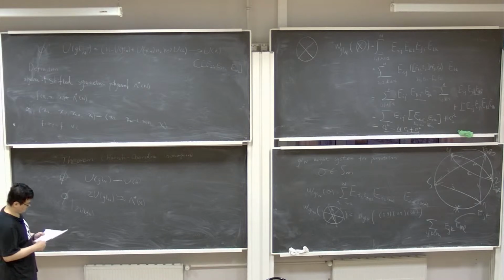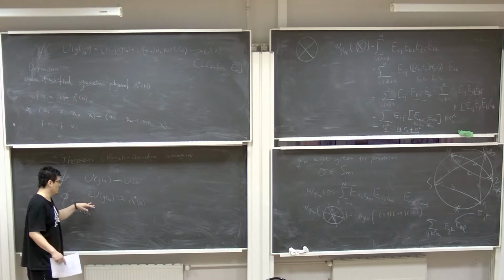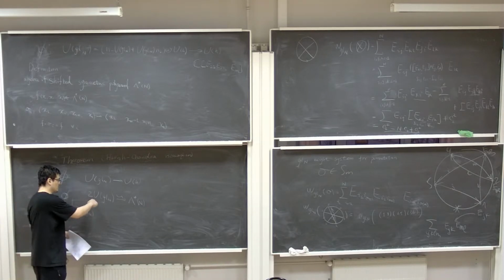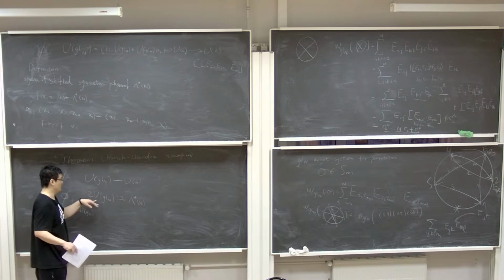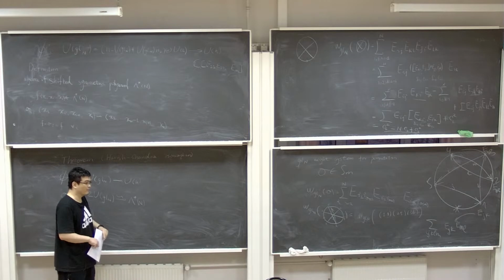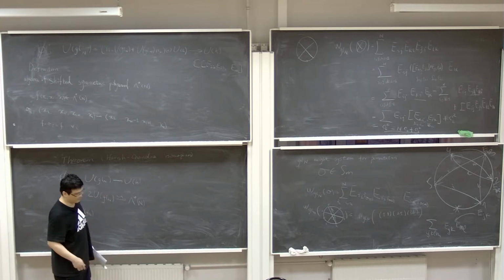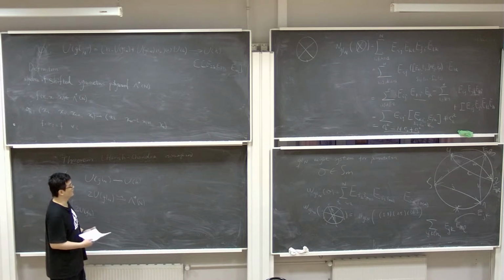This projection, when restricted to the center, is an isomorphism between the center of the universal enveloping algebra of GLN and the algebra of shifted symmetric polynomials in the n variables. Since the GLN weight system lies in the center of the universal enveloping algebra of GLN, we just apply this projection, and then we can find the shifted symmetric polynomial, which gives us a way to calculate the GLN weight system.